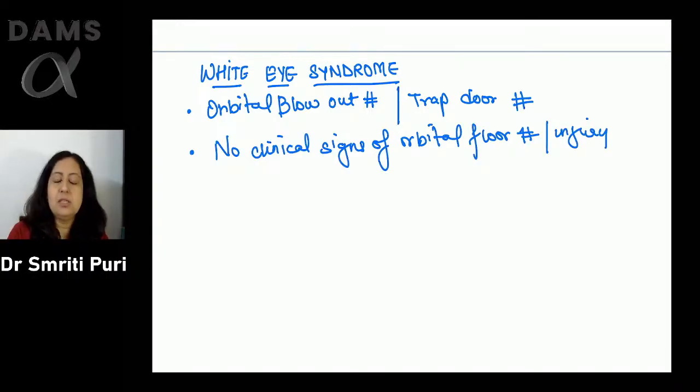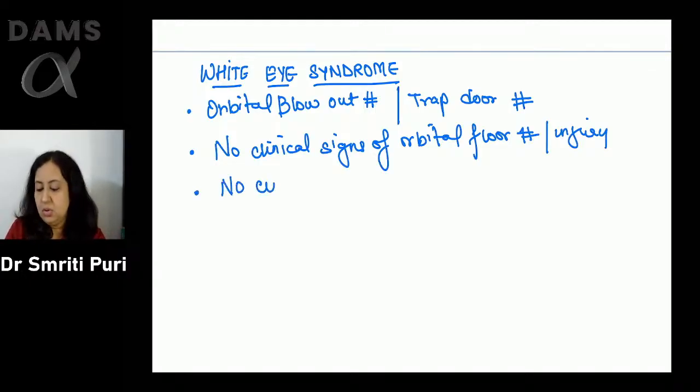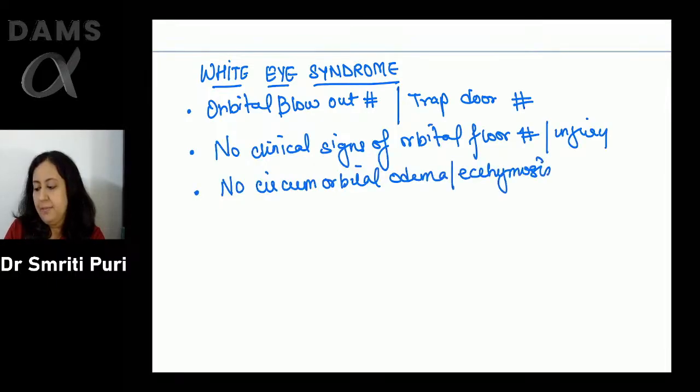All right. Symptom is what the patient tells you. Signs is what you identify. If you just look at the child, there will be no orbital injury signs, no circumorbital edema, no circumorbital ecchymosis. There would be no abrasion, nothing.